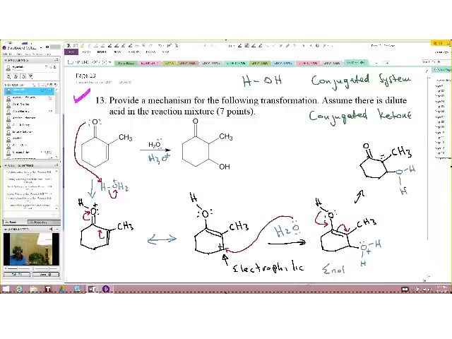The proton that we've lost here, keep in mind the proton that is right here, will simply now come in here to attach itself to this carbon here. And then what do we have? We have this.